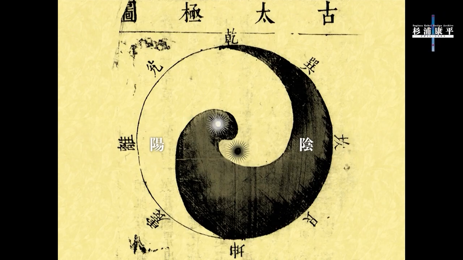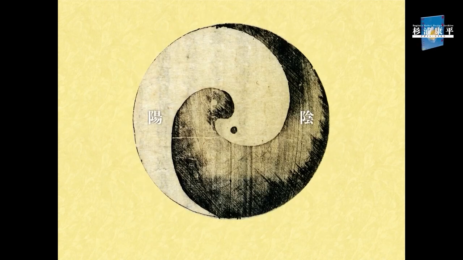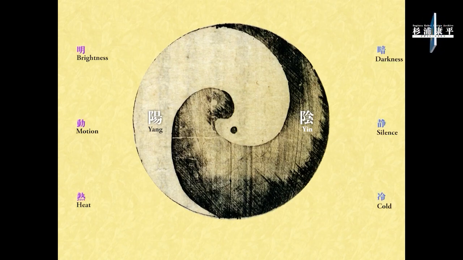The yin and yang parts each have their respective characteristics. Active traits such as brightness, motion, and heat belong to yang. On the other hand, there is yin. Subdued traits such as darkness, silence, and cold belong to yin.